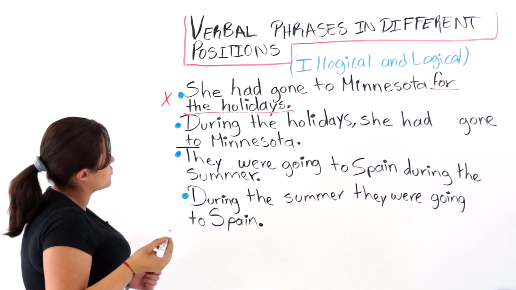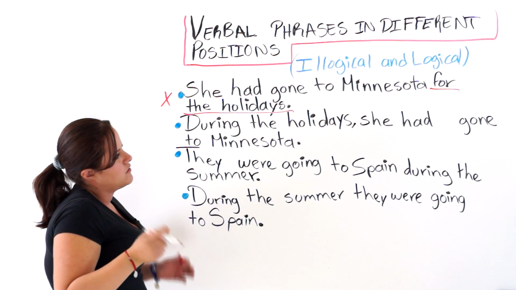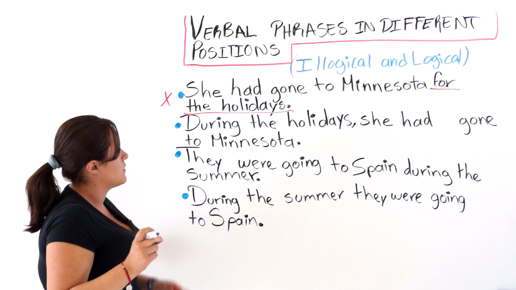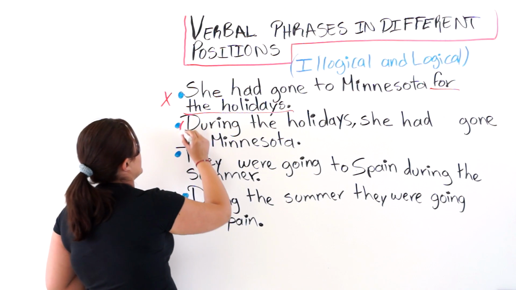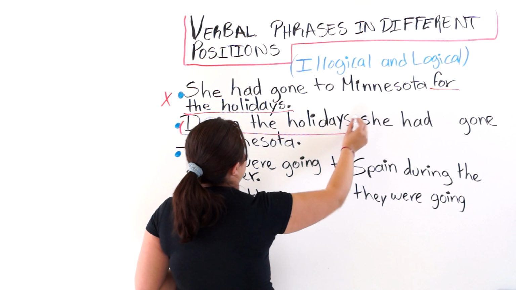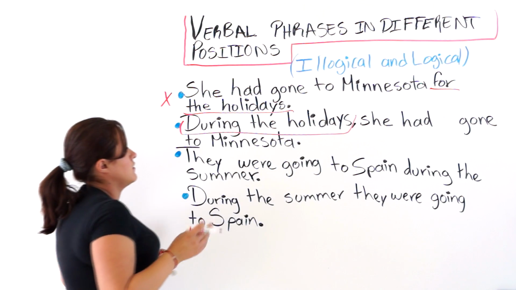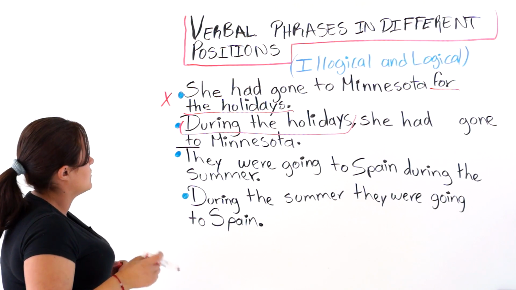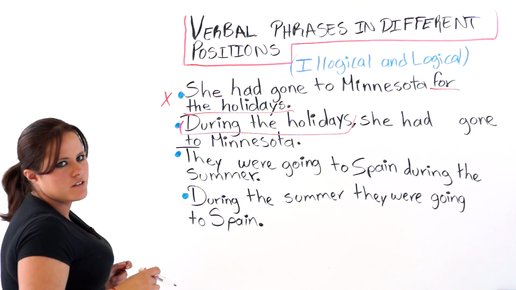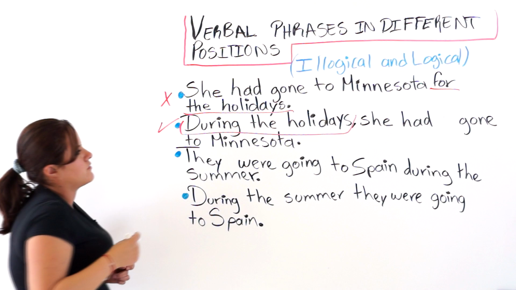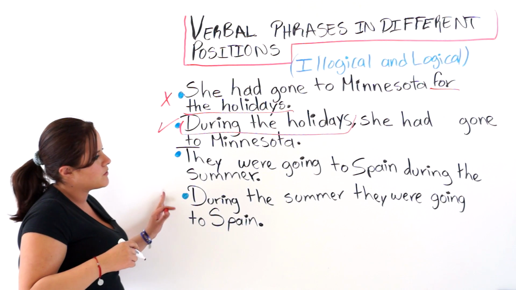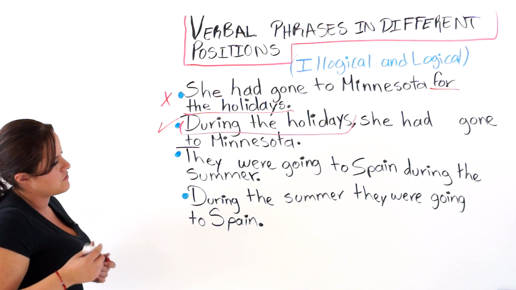The next one says, during the holidays, she had gone to Minnesota. During the holidays. Here we have our verbal phrase. She had gone to Minnesota. Okay? This one is all right. It makes sense. It is logical. The next one says, they were going to Spain during the summer.